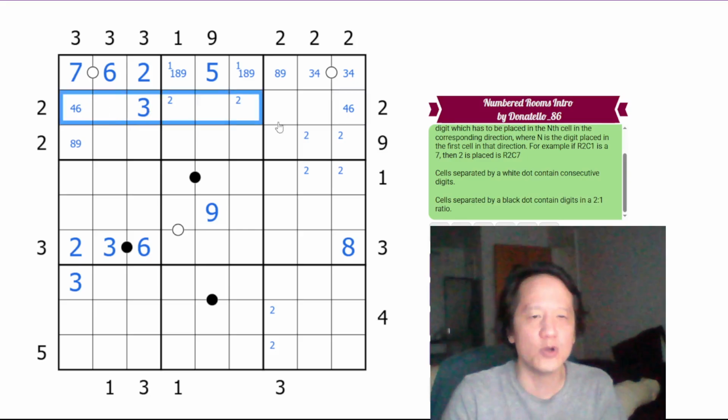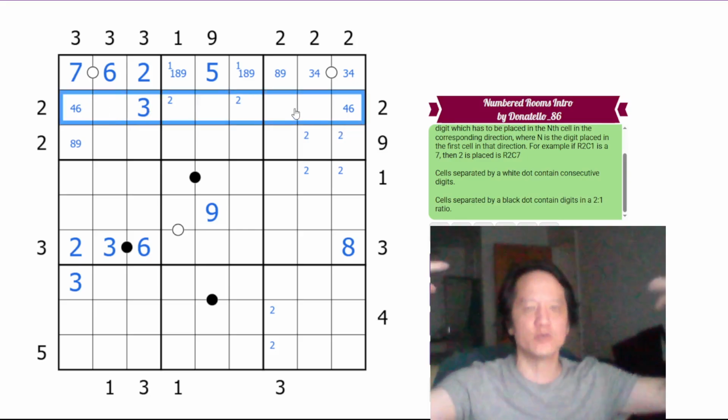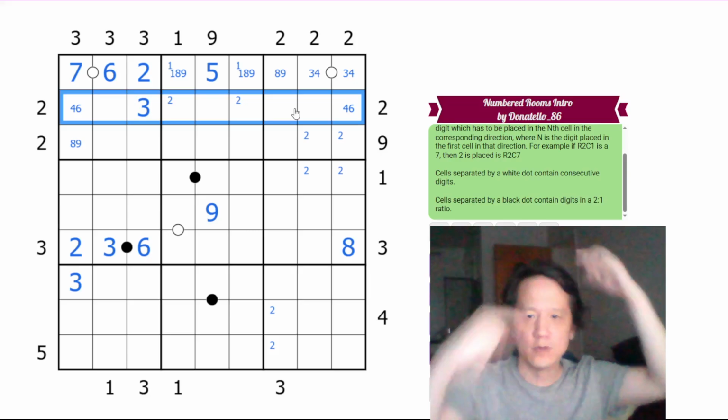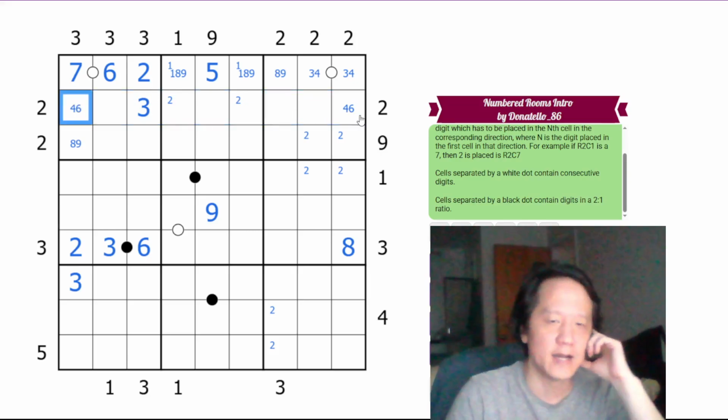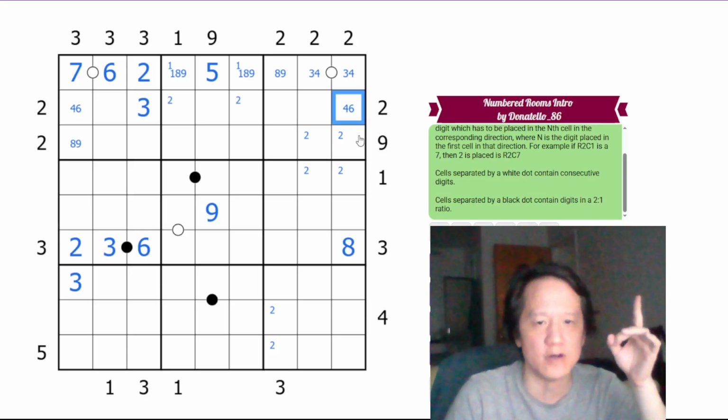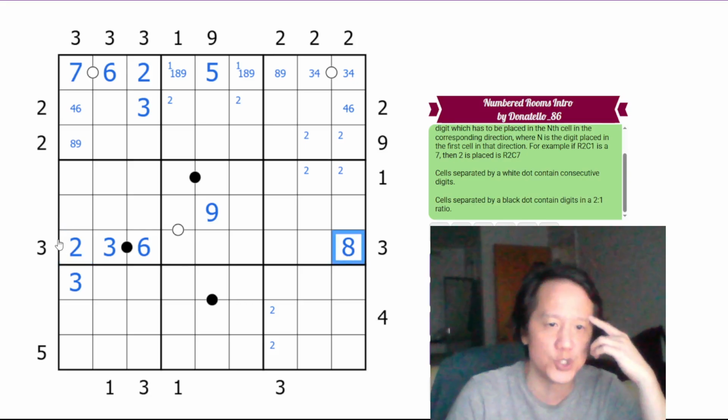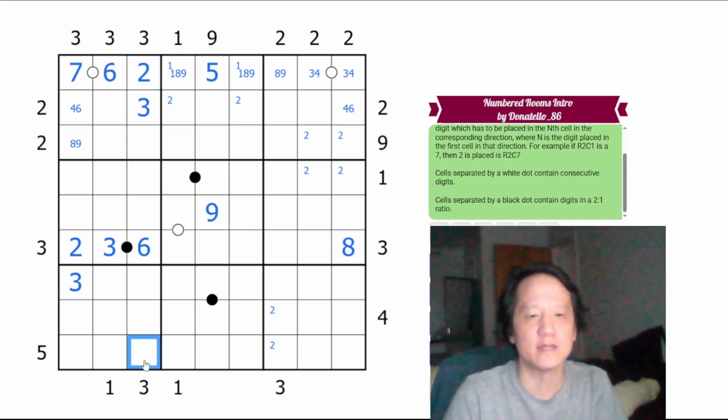So anytime you have two numbered rooms clues, which are the same numbered room, they cannot be 5 essentially, and they have to add up to 10 essentially. So that's more of the uniqueness, right? That's why we know this is 2 and 8 adding up to 10. This has to be 8 to add up to 10 to make sure that this matches that 3. So this is 8.